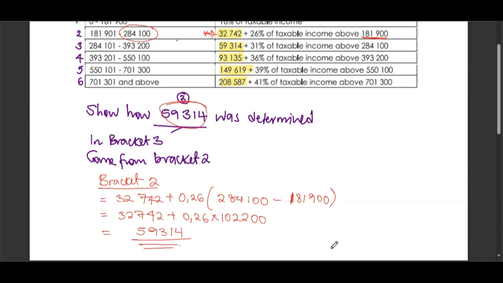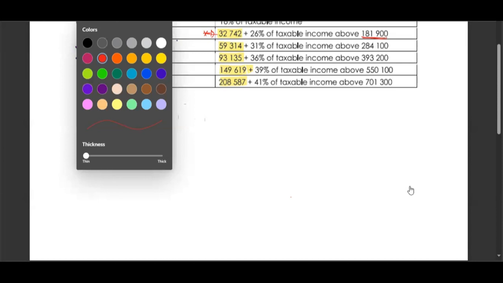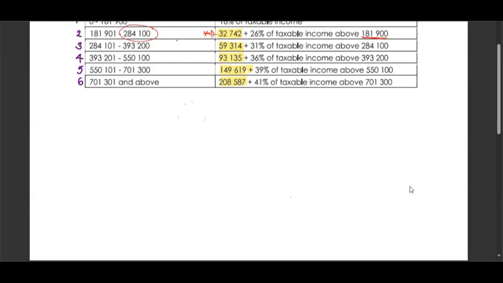All right, let's take another example. We want to show how the value of 149,619 was determined.